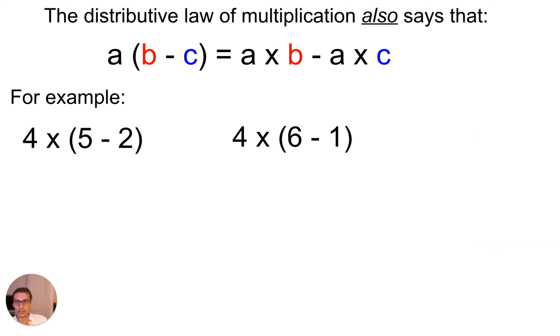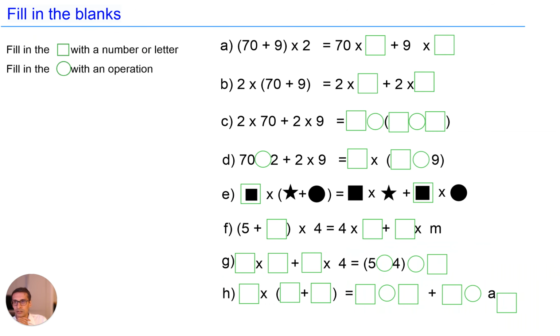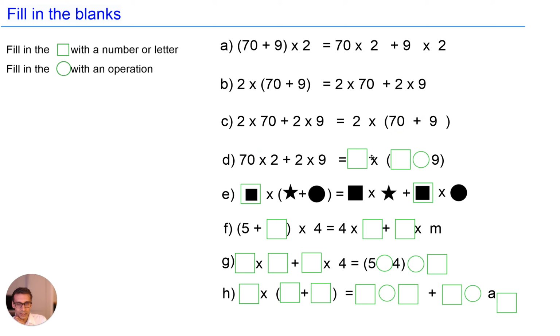Okay, so the answers are here. So you should get 2 to 79. This is 2 times 70 plus 9. You've got the multiplication sign there, and then 2 times 70 plus 9 as well. You've got the squares in the brackets here. Here for F, you're going to get M, 5 and 4.